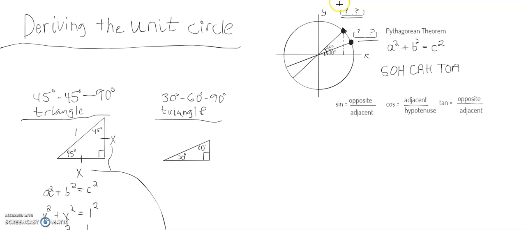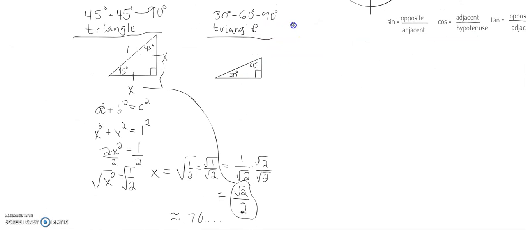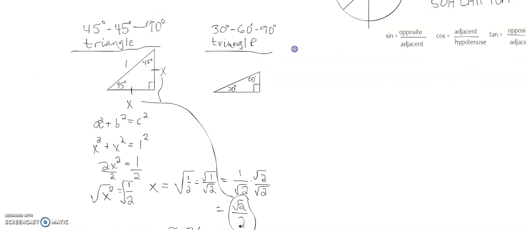It means that the x-coordinate is root 2 over 2, and so is the y-coordinate. Okay, so now we've worked out one of the two pieces that we need to derive the entire unit circle.